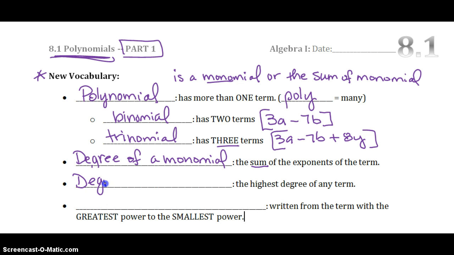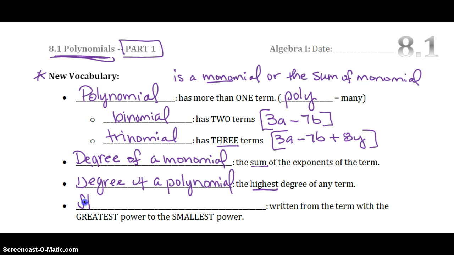The degree of a polynomial, remember there's going to be more than one term to choose from, is the highest degree of any term. So in other words, you're going to look at all of the monomials that make up the polynomial and pick the monomial with the highest degree. We're going to show you what we're talking about in just a minute.